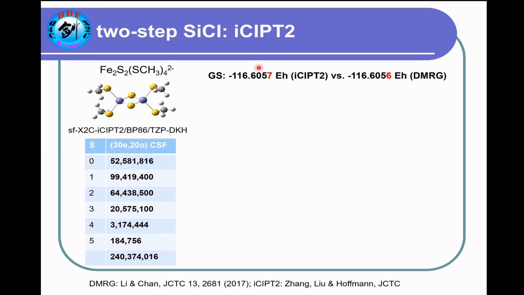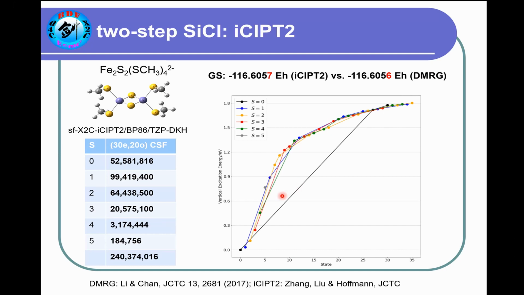So all energies for the ground state essentially agree with DMRG values, differing by only 0.1 millihartree. But if you look at the excited states, the lowest excited state comes from the lowest spin state, and it increases steadily from 0 to 5. It's six spin states.